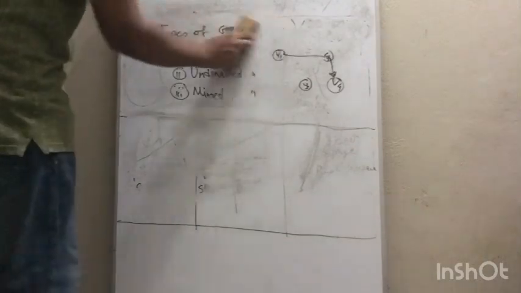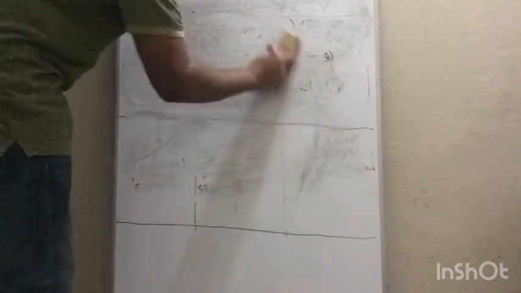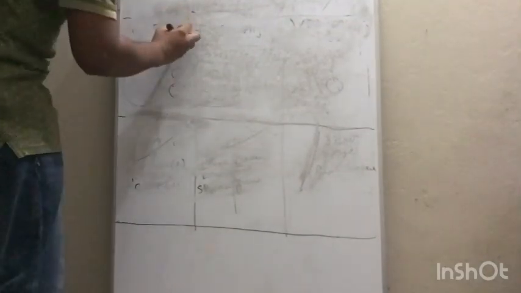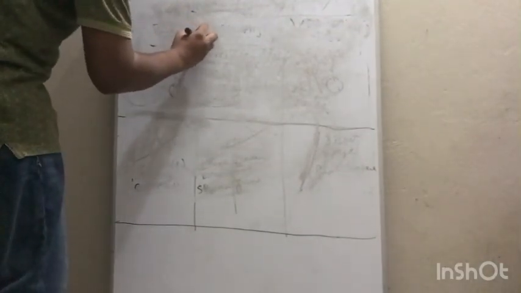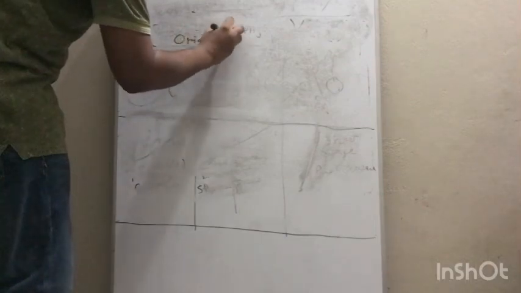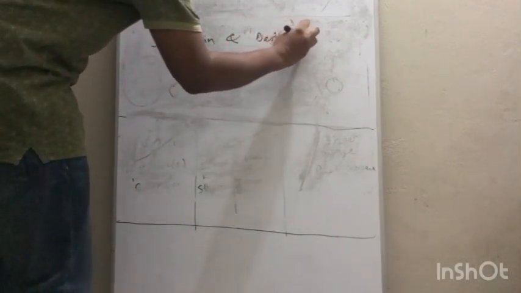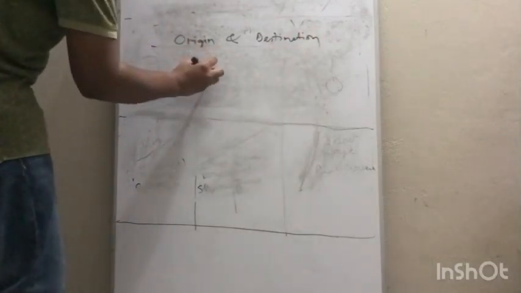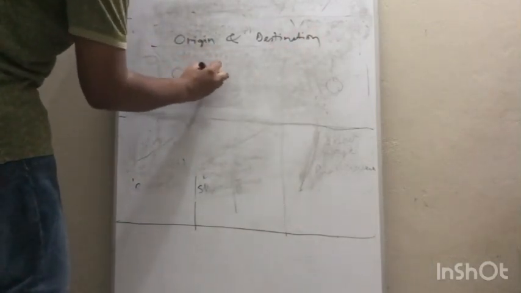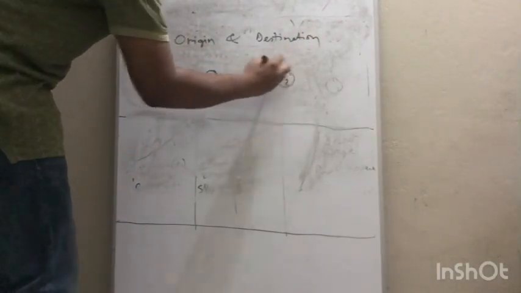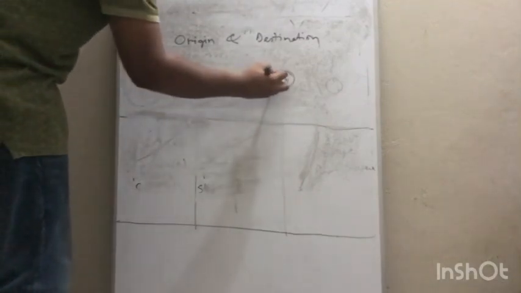Now let's see some terminology. Origin and destination. Suppose this is a vertex V1, V2. This is an edge.